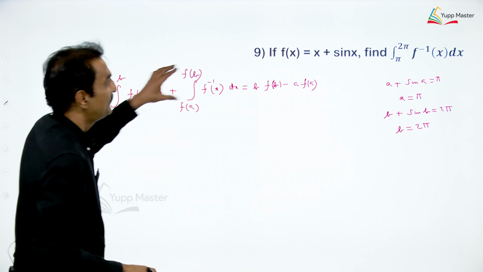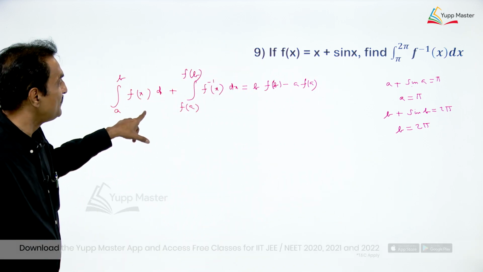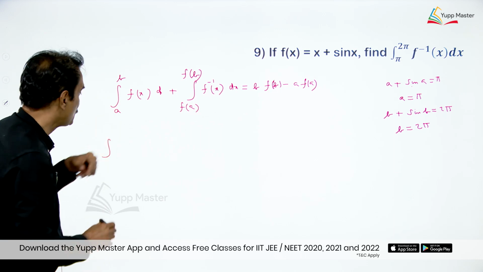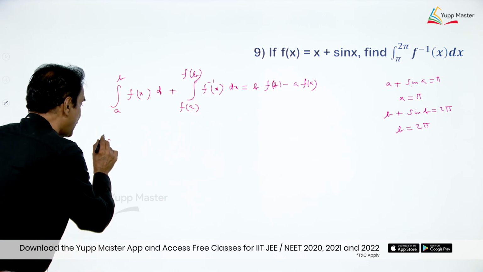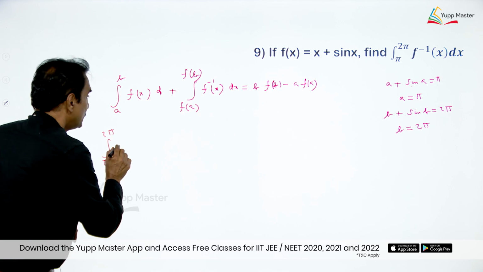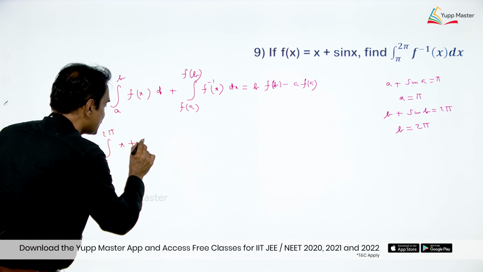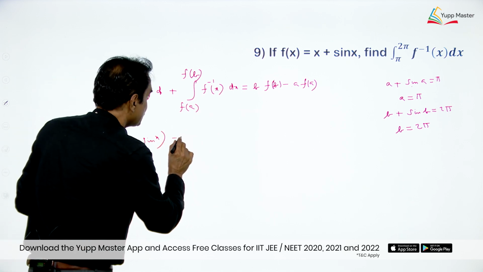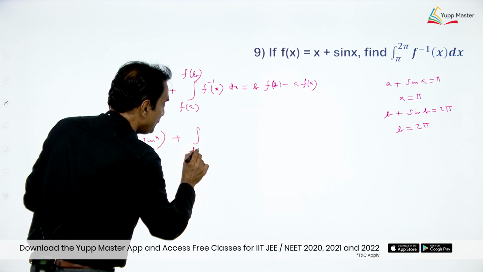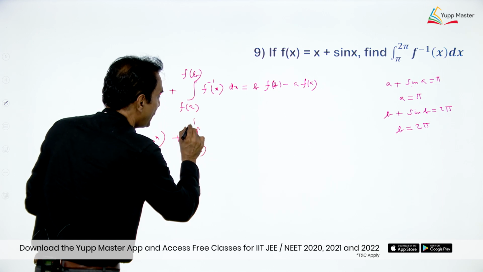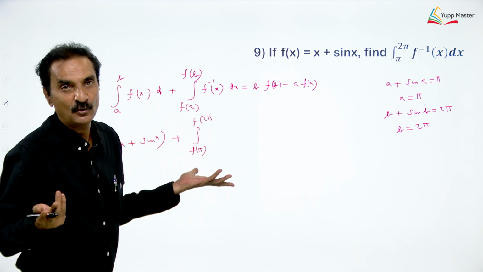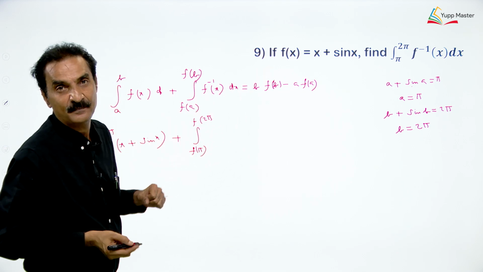So, we can use that formula. Integral, what are a and b? Pi and 2 pi, integral pi to 2 pi x plus sin x plus integral f of pi to f of 2 pi f inverse x, we do not know, we cannot calculate.